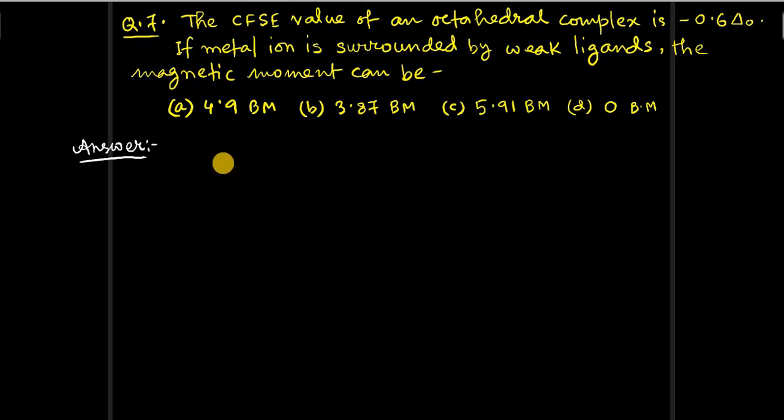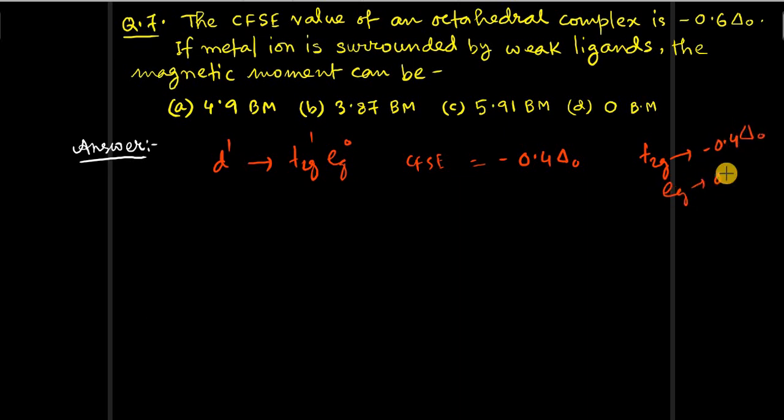So if you take d1 system, then it will be t2g1 eg0, and in that case CFSE will be minus 0.4 delta O, because you know the t2g orbitals are 0.4 delta O stabilized and the eg orbitals are 0.6 destabilized. T2g orbitals minus 0.4 delta O and eg orbitals plus 0.6 delta O destabilized. So here we have only one electron in the t2g, so CFSE comes like this.